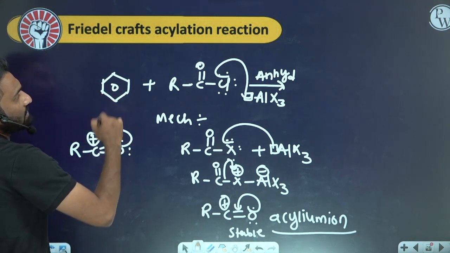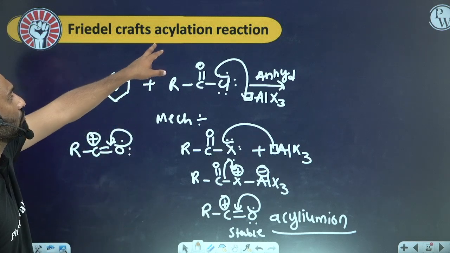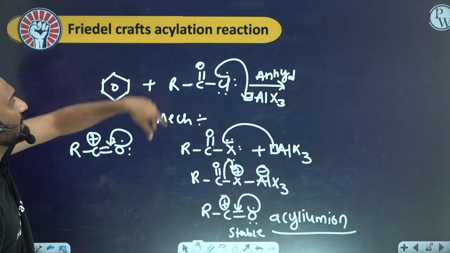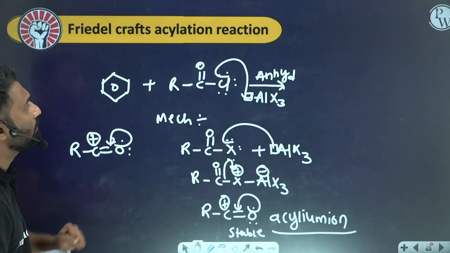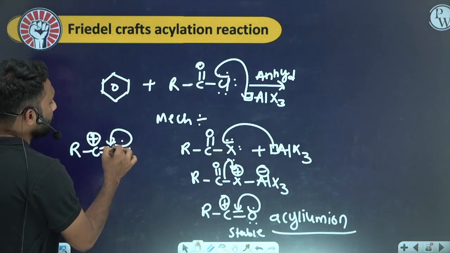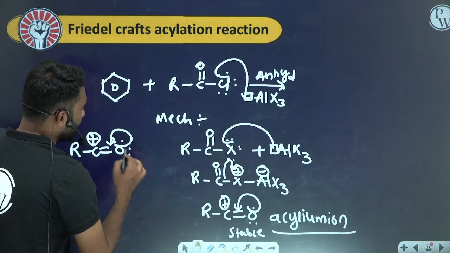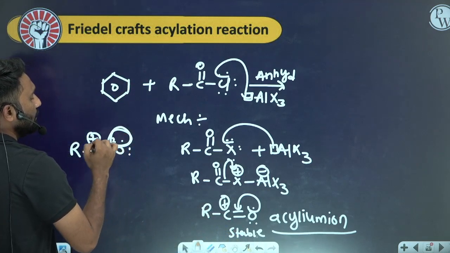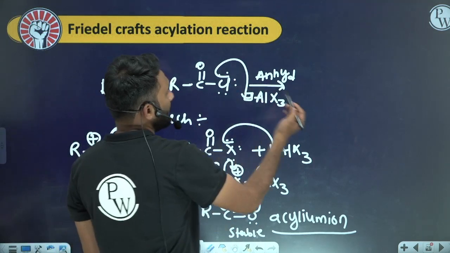When they ask which electrophile is more stable among alkylation and acylation, the acylation electrophile is more stable, because this electrophile is stabilized by delocalization. Now this electrophile will be attacked to the benzene.